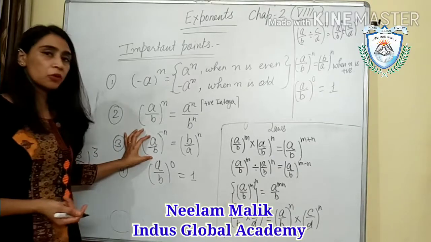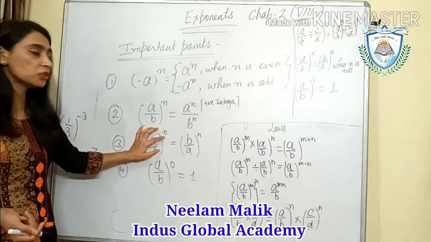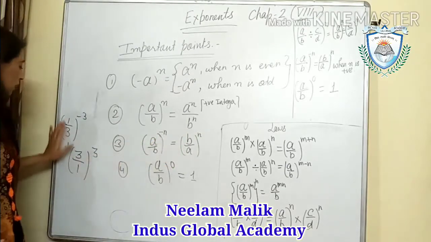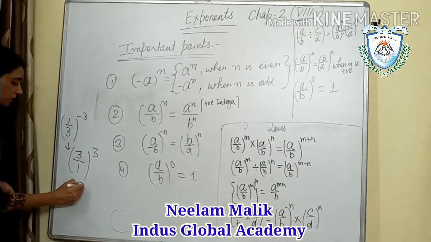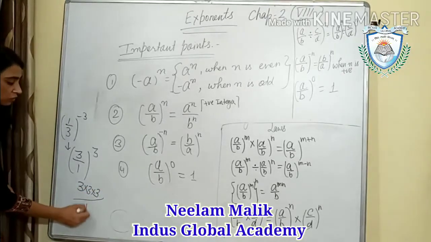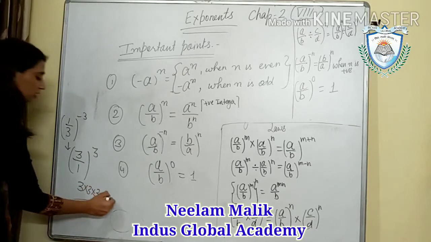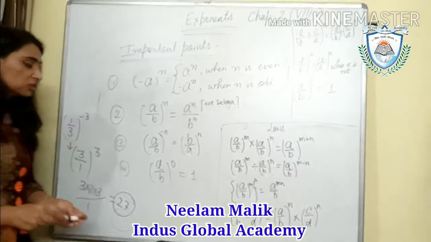Here (a upon b) whole power minus n, so I want to make this positive. The power will be positive, but it will be the reciprocal, b upon a. Similarly I have done here. So now you will solve this. 3 upon 1 means 3 into 3 into 3. So 3 threes are 9, and 9 threes are 27. Our answer is 27. It was just an example.